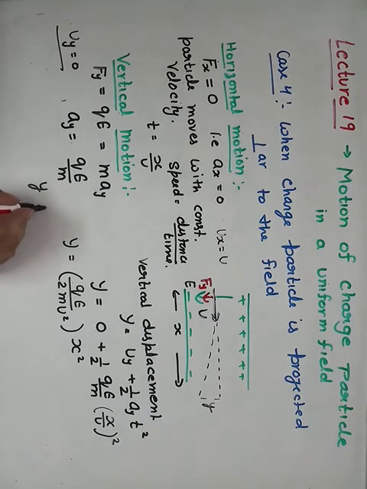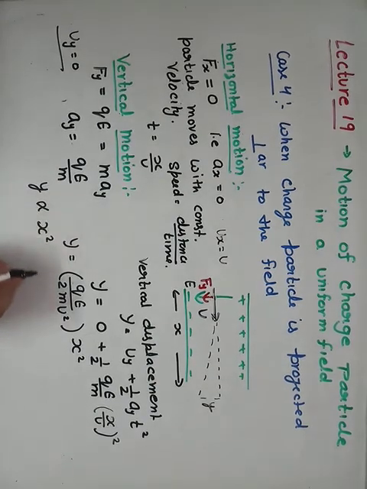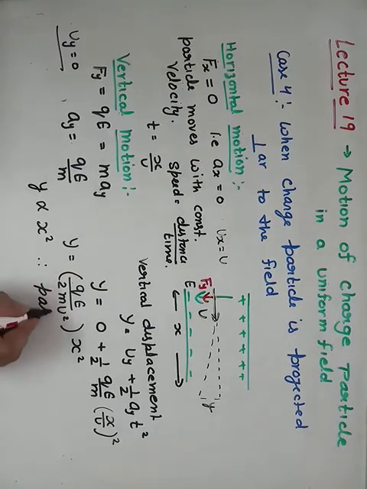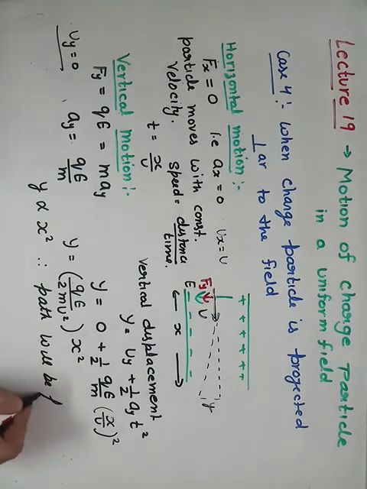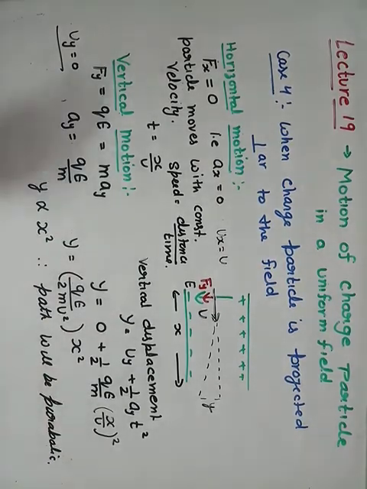Since y is proportional to x square, the path will be parabolic. That means we get a parabolic path when a charged particle is projected perpendicular to the field.